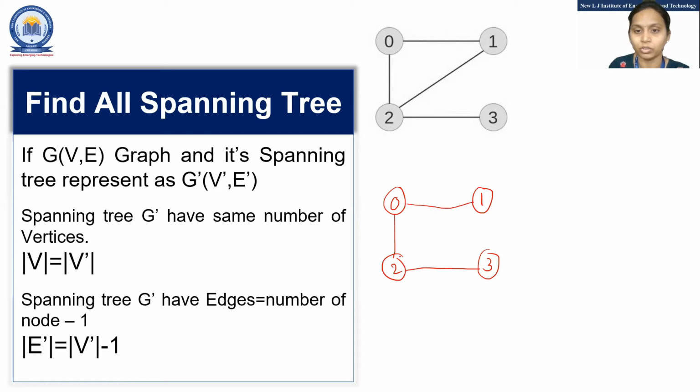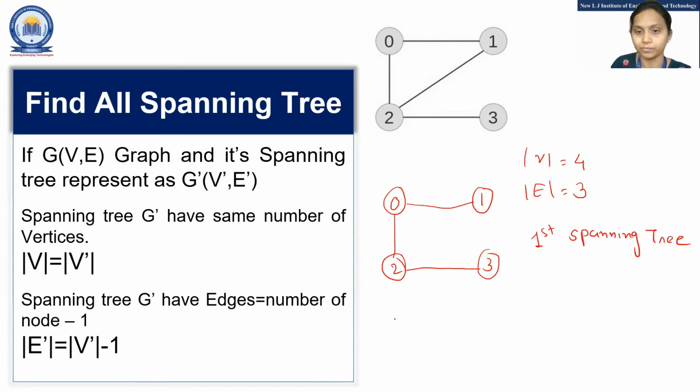And how many edges do we require? If my vertex count is 4, then how many edges should there be? 3. Okay, 4 minus 1 is 3. So this many edges are required, and this has 3 edges. So this is my first spanning tree. Any other spanning tree possible?